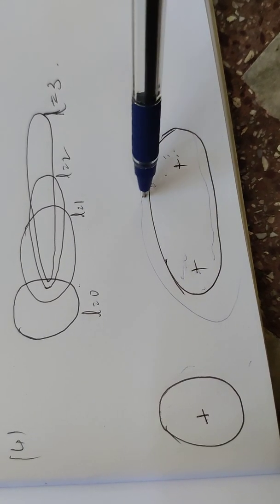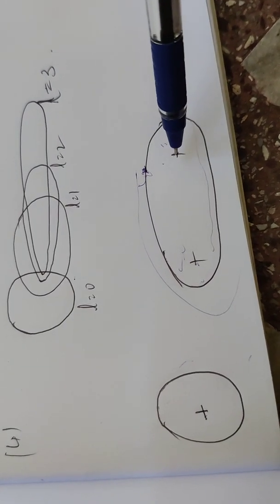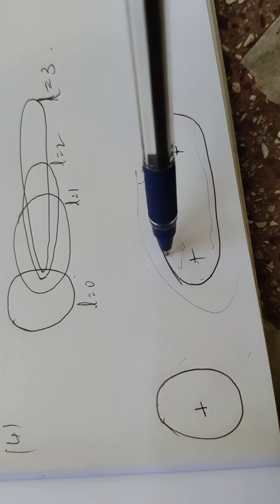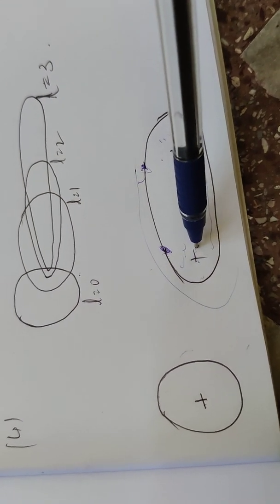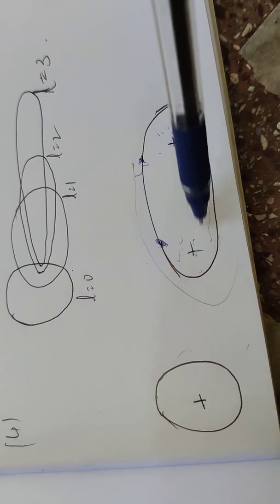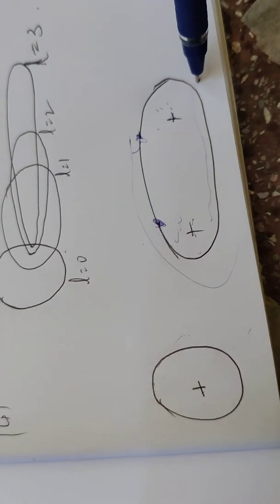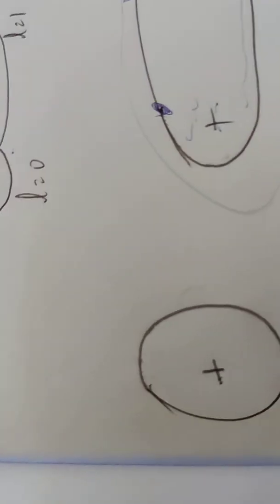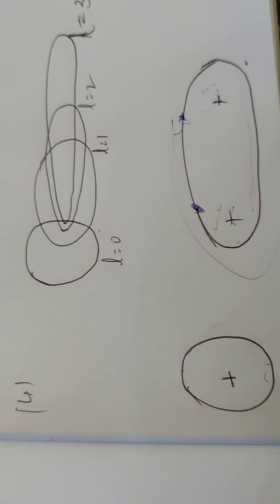Suppose if an electron is at this part, the center for that electron is this one, and if the electron comes to this position, for this electron the center is this focus. So like this, for this elliptical orbit, there are two centers, that we call foci, and a circular orbit has only one center.